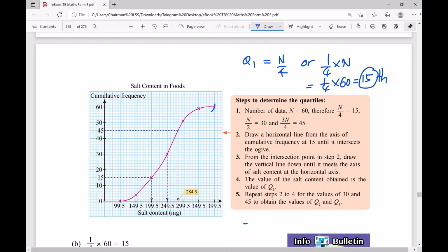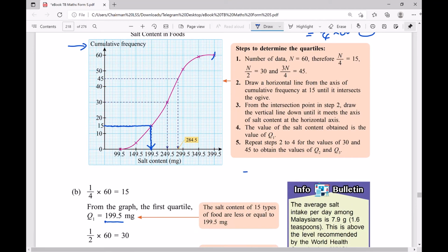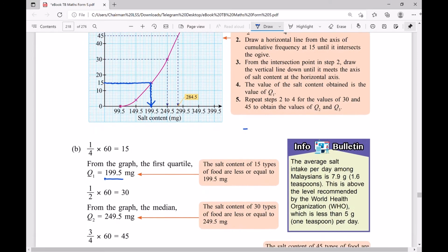So you go to 15 in your cumulative frequency, and then you find your salt content here. You will get one figure, which is 199.5 mg.